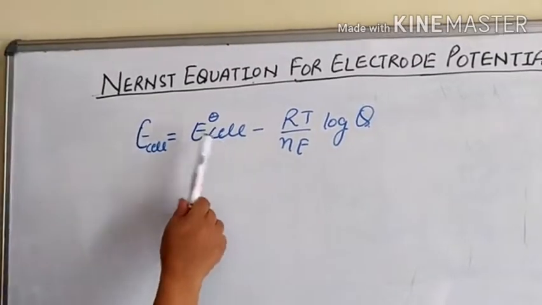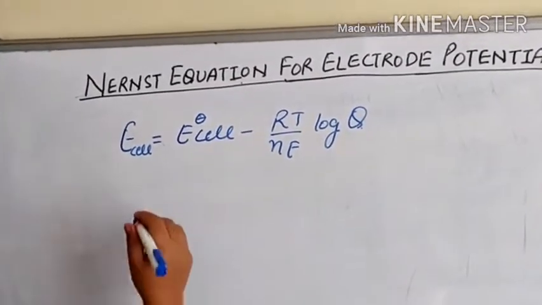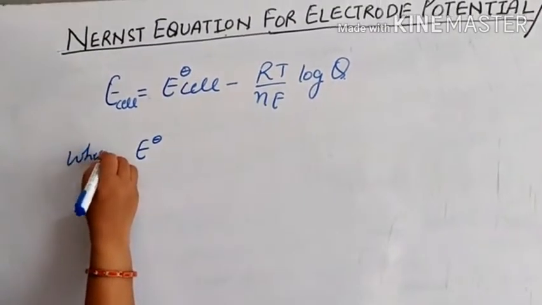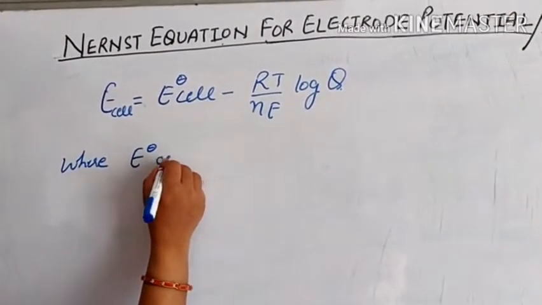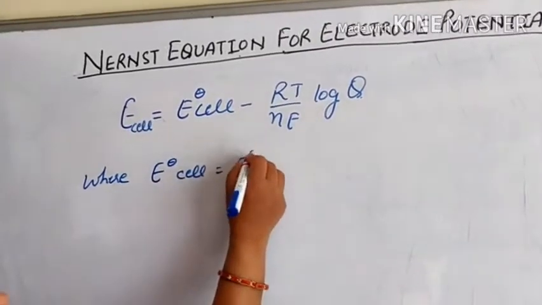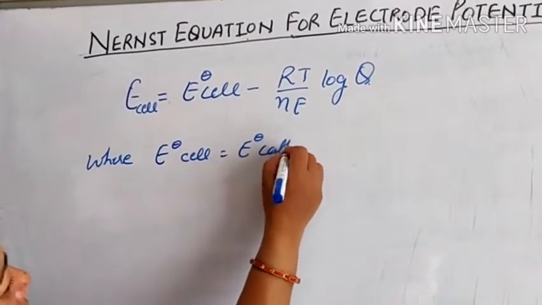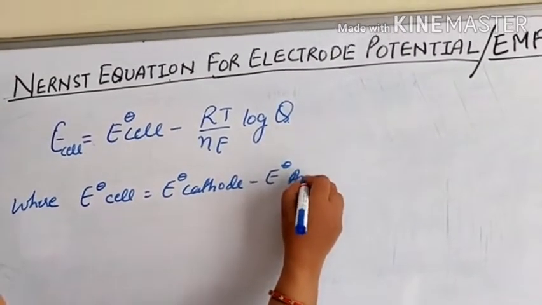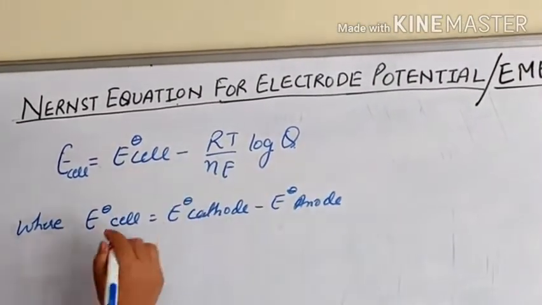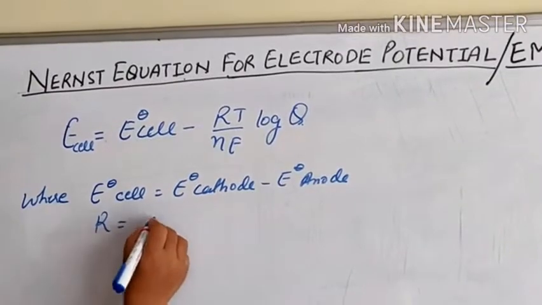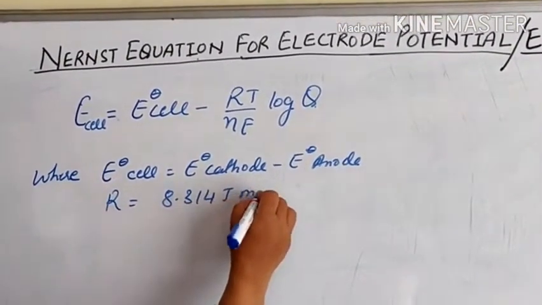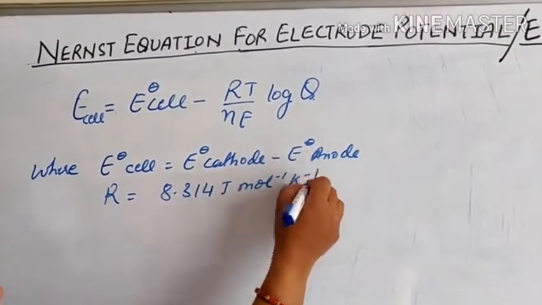E naught cell represents the standard electrode potential, which is given by E naught cell is equal to E naught cathode minus E naught anode. R is a gas constant and its value is equal to 8.314 joule per mole per Kelvin.